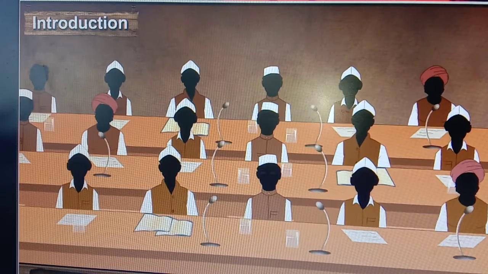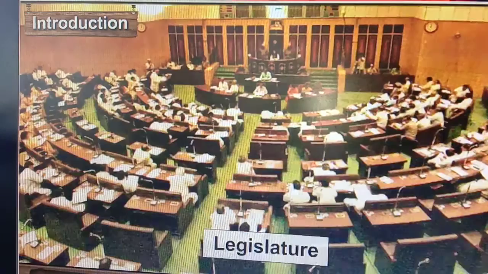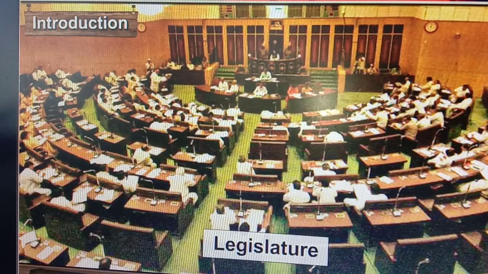The Constitution of India has created the Parliament of India. According to this constitutional provision, the legislature at the national level, that is the level of the central government, is called the Parliament. It means the union government has its separate legislature, and the state governments also have their separate legislatures.